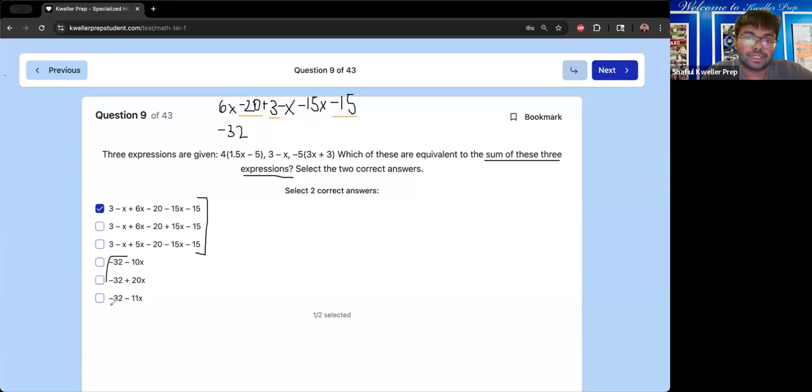The next part, we're going to combine all the x's. So 6x minus 15x. That should be minus 9x... so it should be minus 10x with the x term from before. And so our answer should just be this. Does anyone have any questions on this one?